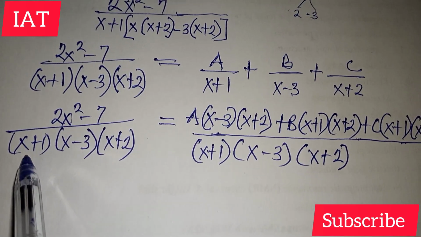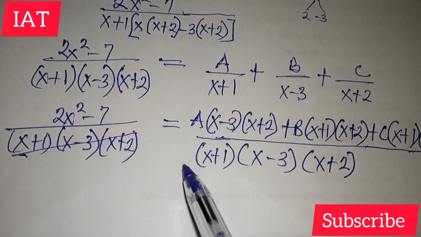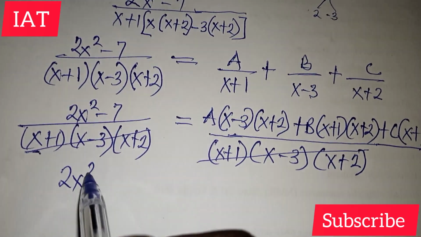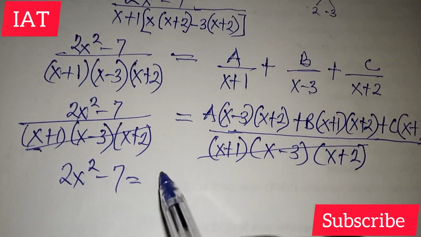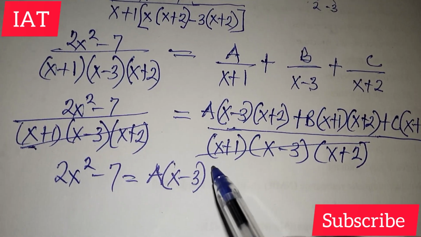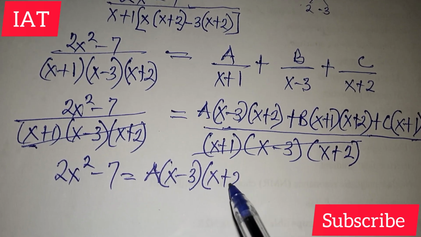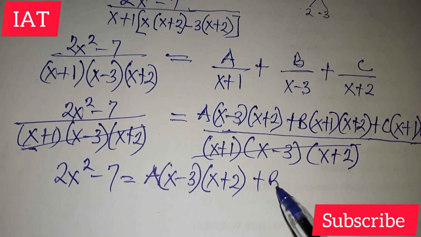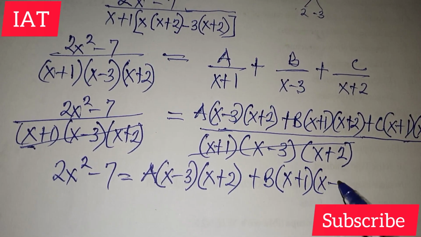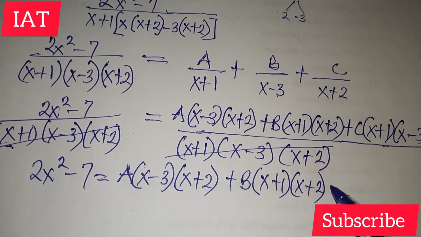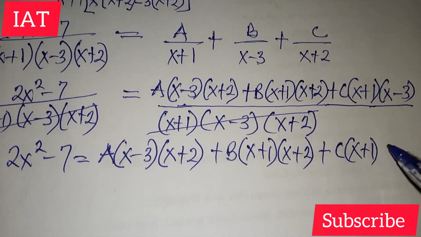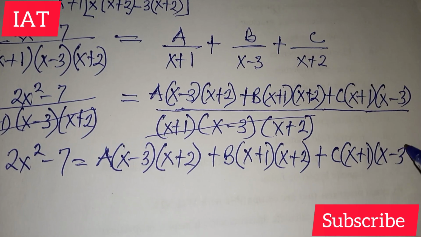So the easier way I want to do this is to cancel this like this and cancel this like this, so that you have 2x squared minus 7 equal to a into x minus 3 into x plus 2 plus b into x plus 1 into x plus 2 plus c into x plus 1 into x minus 3.